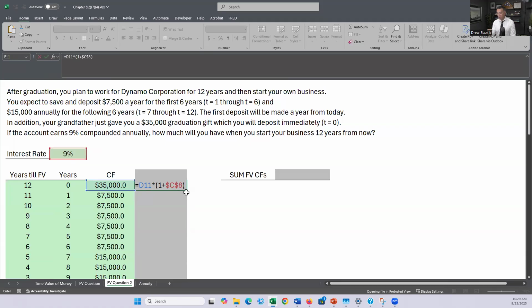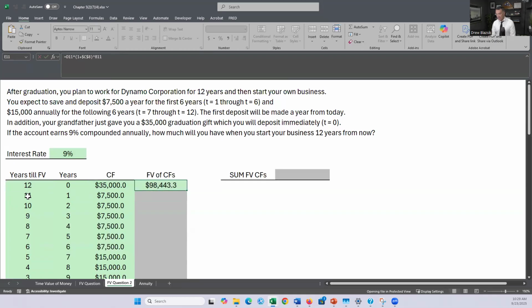I want it to always have 9%. I don't want that interest rate dragged down. Then to the power of, and that's why we did this here, years to future value. That's going to compound for 12. I do not want that frozen or fixed, because when I drag it down, I want this number to go against the 11 years.